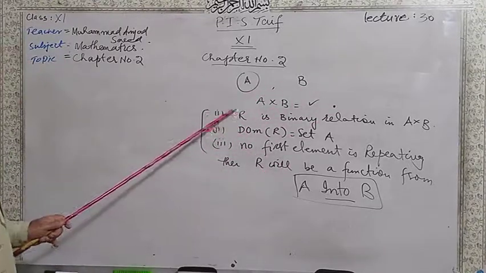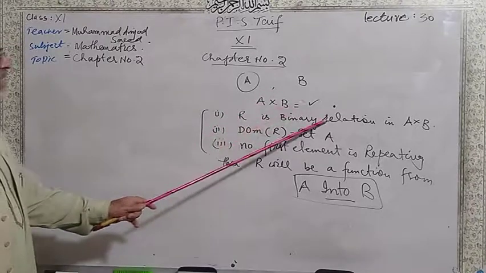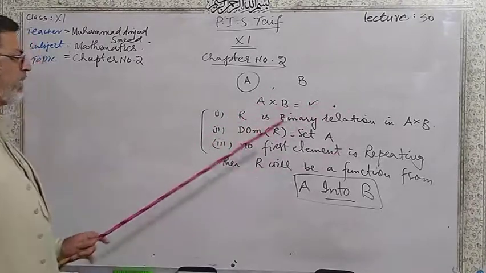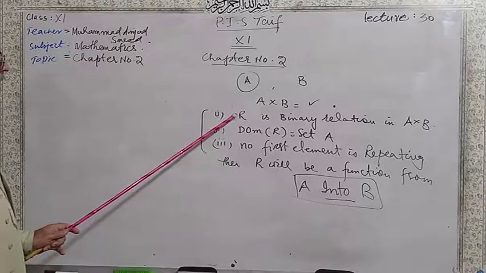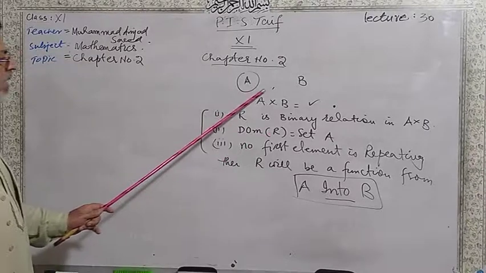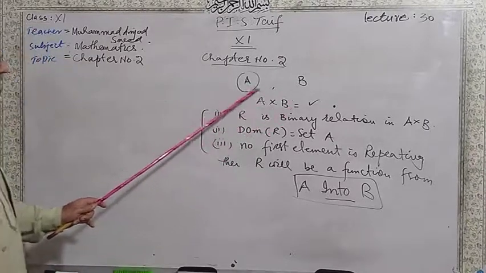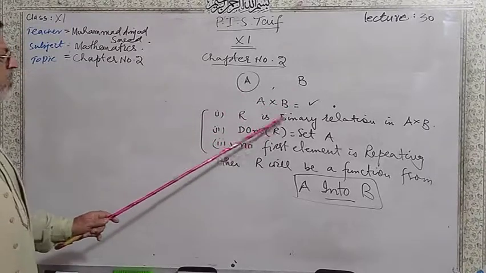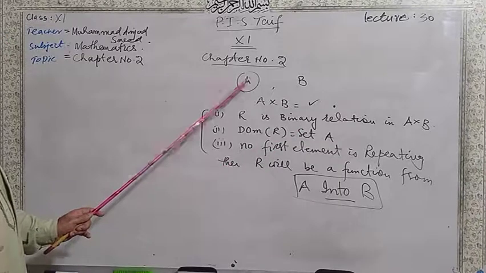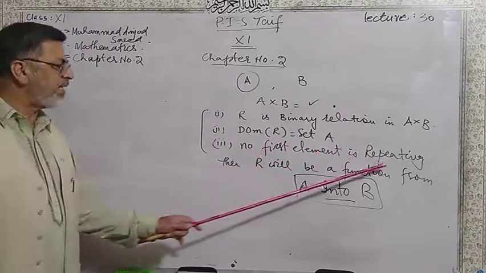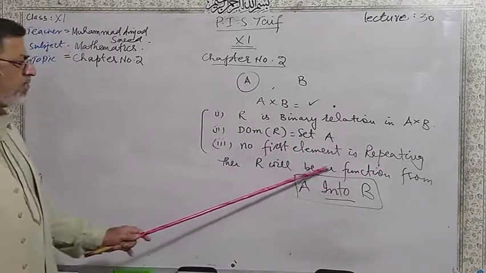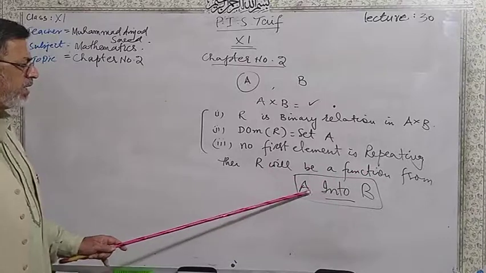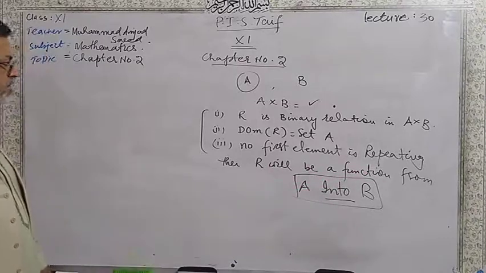So that's why I am writing here number 1, R is a binary relation in A cross B. Your given R will have its members in A cross B. This is an important thing. Number 2, the domain of R is equal to set A. Number 3, no first element is repeating, then R will be a function from A into B.